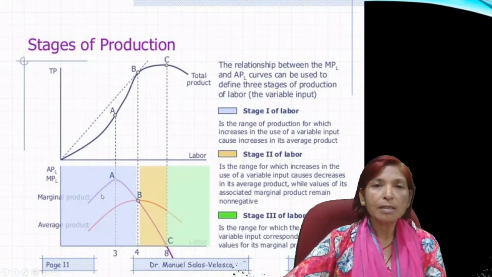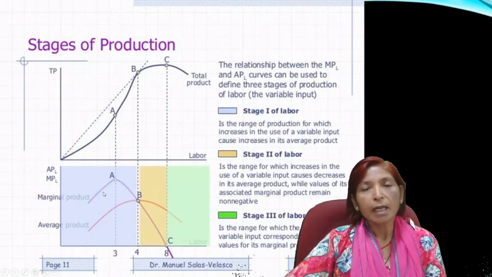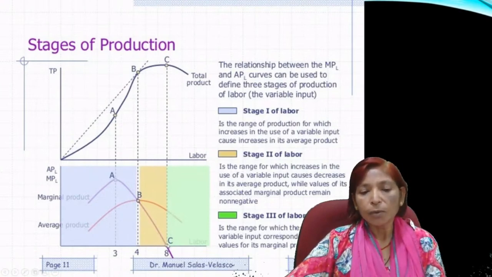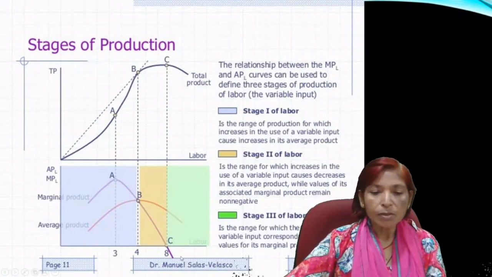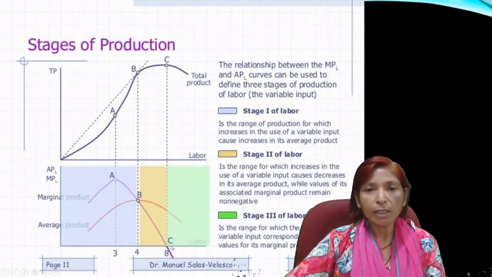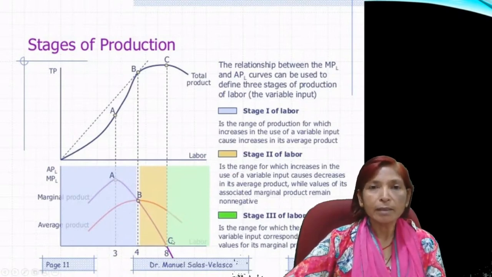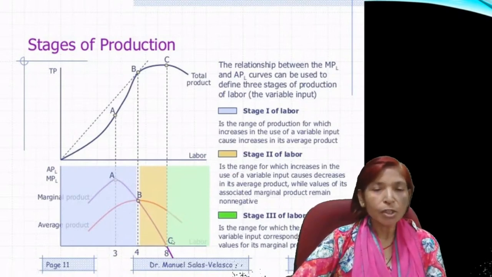When AP increases, MP increases before AP, and when AP falls, MP falls before AP, and MP can be zero, can be negative. Where TP is maximum, MP will become zero. When TP starts falling, MP will become negative. So there are three stages of production: increasing, constant and diminishing, and we can show them with the help of total production, average production, and marginal production curves.